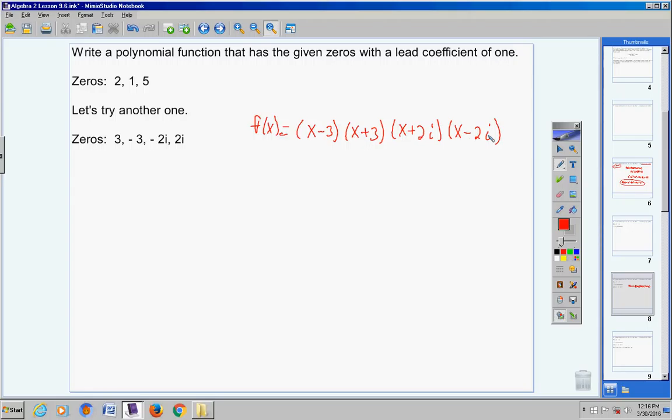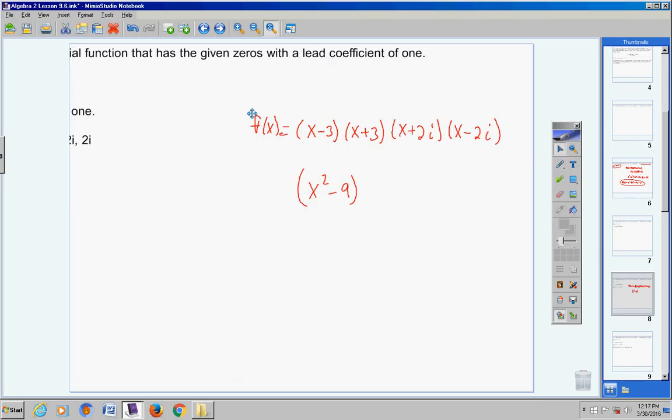Hold on. Do not work ahead. Would you please trust me and not work ahead? If you're going to do it the way I taught you, here's what's going to happen, and you're going to regret doing it this way, so don't do it. Just watch. Multiply these two first, and you'll get this. Trust me. So then you bring down your other two parentheses.